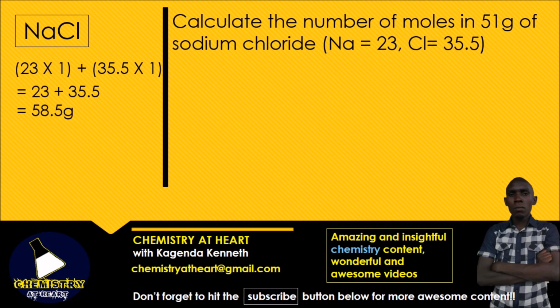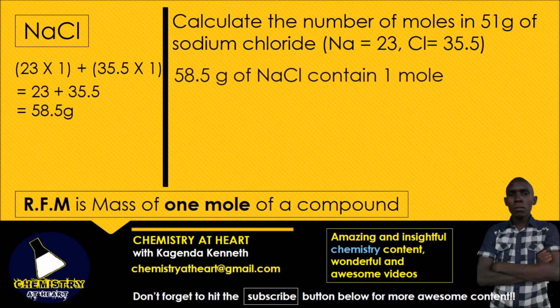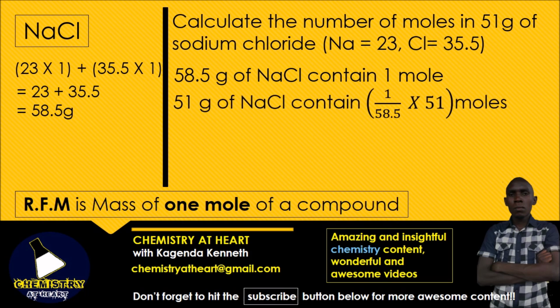So meaning R.F.M of sodium chloride is 58.5. We shall begin and say 58.5 grams of sodium chloride contains 1 mole. 51 grams of sodium chloride contains 1 divided by 58.5 times 51 moles, which will give us 0.87 moles.